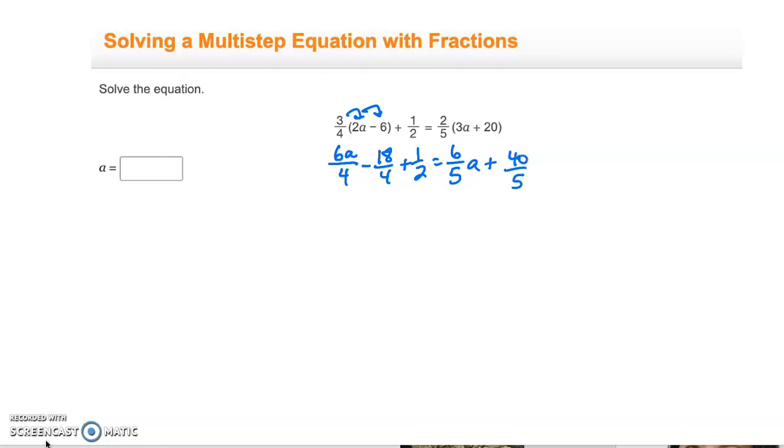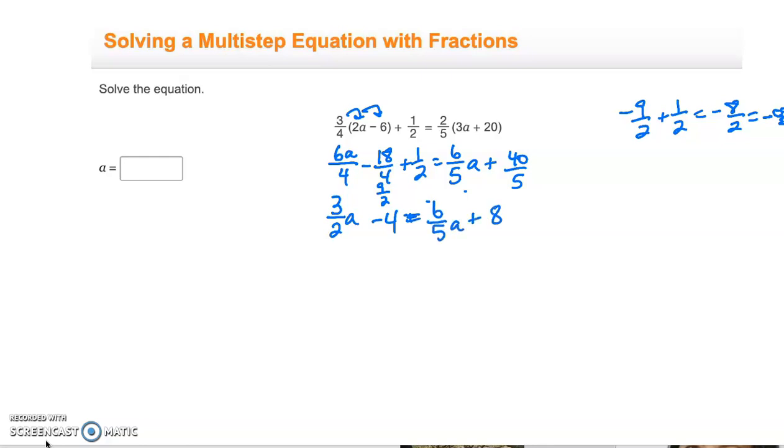Now I'm going to simplify some of these just because it makes sense to me. So I'm going to say this is 3/2 a, because 6 over 4a. 18/4 is 9/2. So negative 9/2 plus 1/2 equals a negative 8/2, which equals negative 4. So that's a negative 4. And on this side, I've got equals 6/5 a plus, and 40/5 is 8.